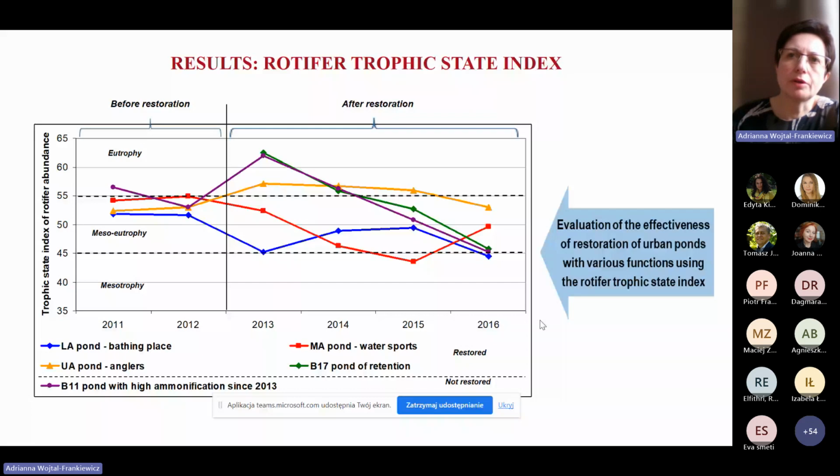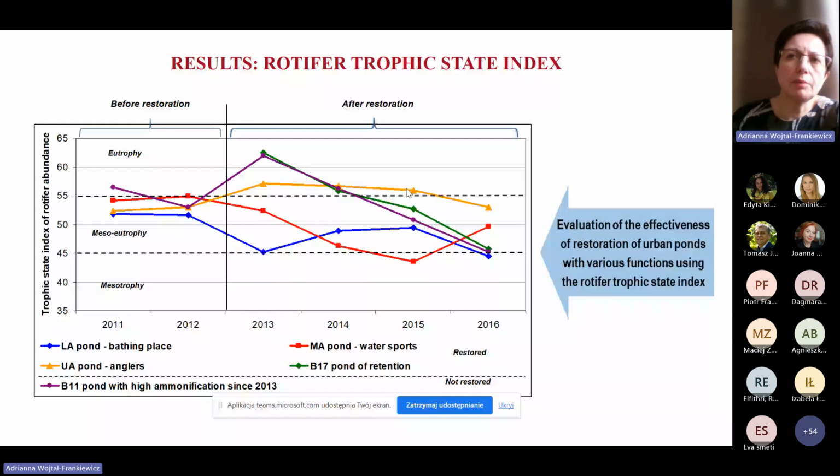Only in upper Arturówek, the percentage share of bacterivorous rotifers and the index values did not change despite the removal of sediments and decrease in the concentration of chlorophyll a.